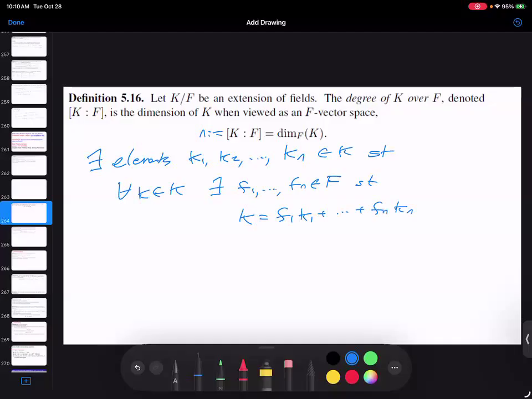That we can write any element as a linear combination of these basis vectors.